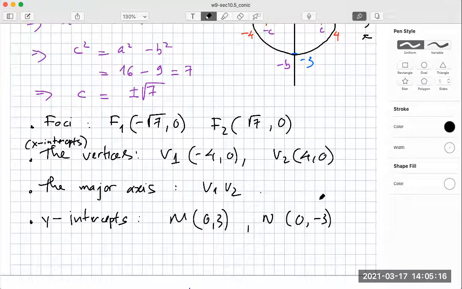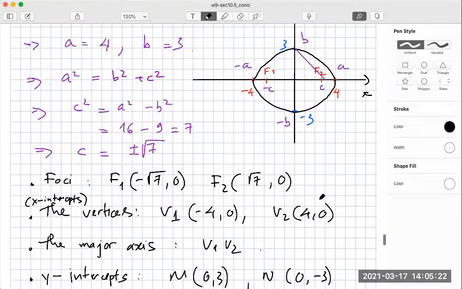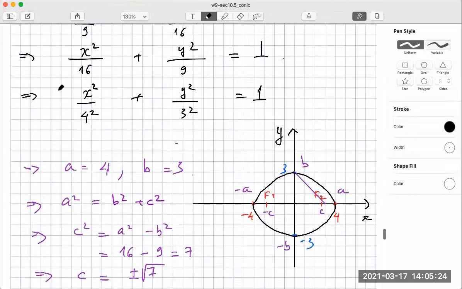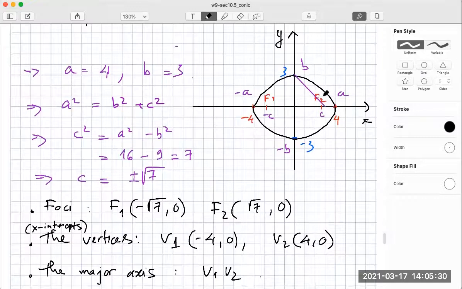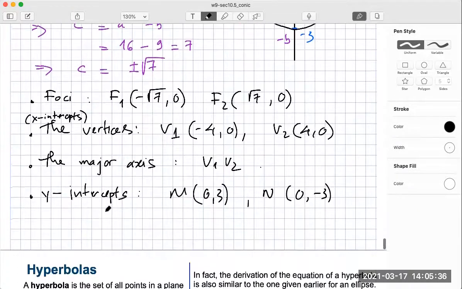So that's it. That's all about ellipse, okay? Just memorize how, so first, try to write it in this form and determine the x-intercepts, y-intercepts, and figure it out, okay? Then find the foci, vertices, major axis, and minor axis, okay?